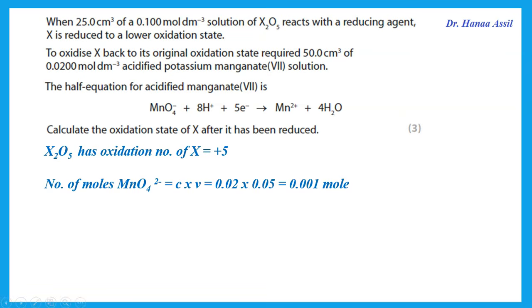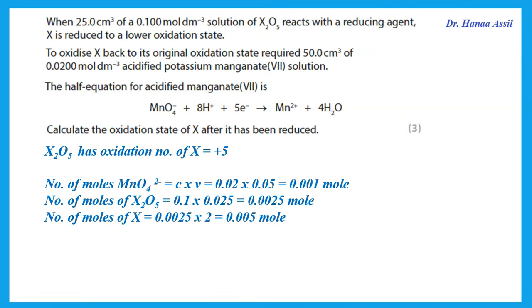Now, the number of moles of permanganate comes out to 0.001 mole. And we also have the number of moles of the X2O5. From the information we have, the number of moles was 0.0025.